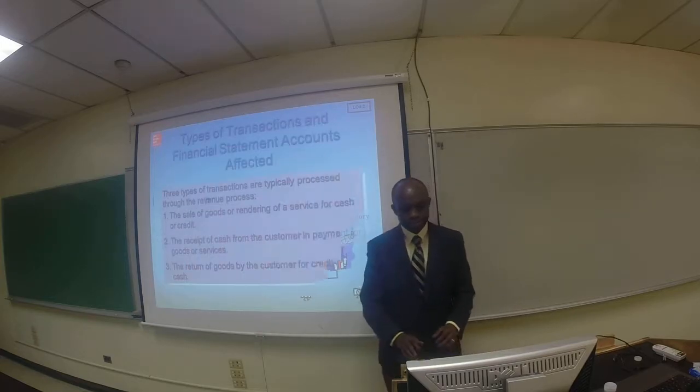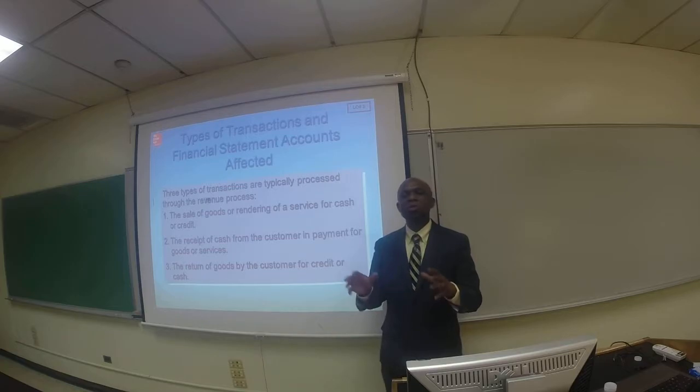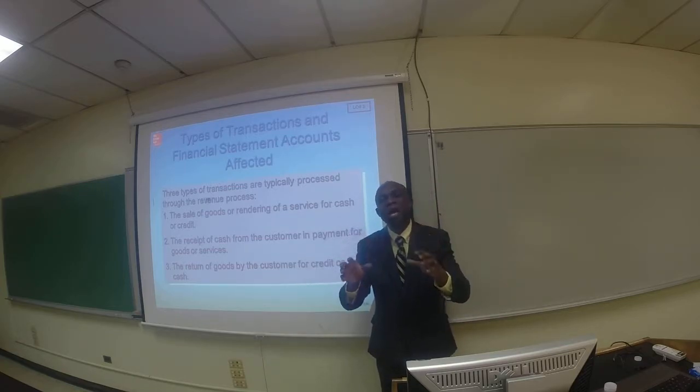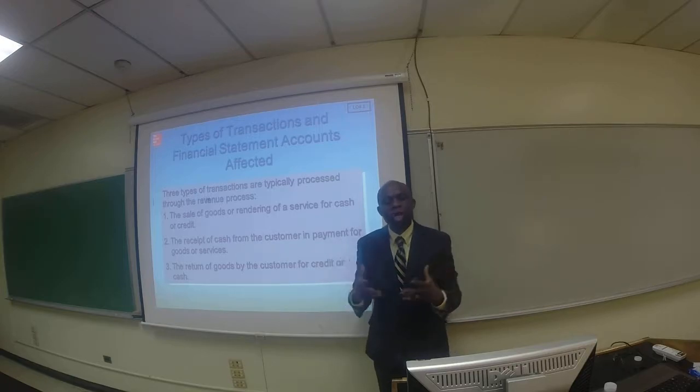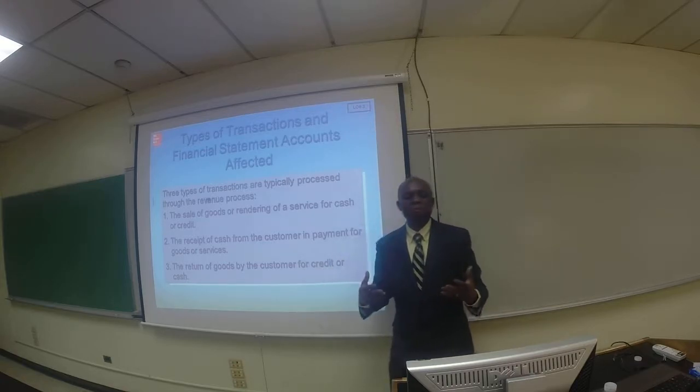Moving along, types of transactions and financial statement accounts affected. What are we talking about here? Here are the transactions that relate to revenue recognition. 3 main transactions here. Number 1, sale of goods or rendering of services for cash or credit. We just talked about that. Number 2, the receipt of cash from customers in payment for goods or services.